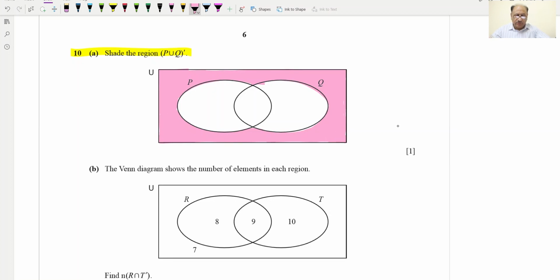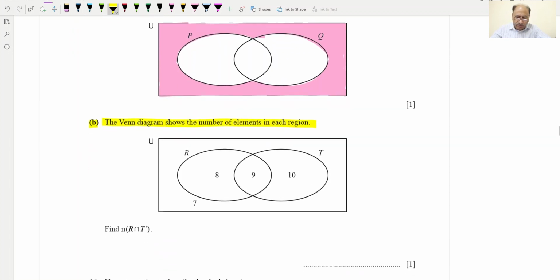So this is basically done, and now we can go to the B part, and the B part says the Venn diagram shows the number of elements in each region, and find n of R intersection T complement. So we have to take the intersection of what?